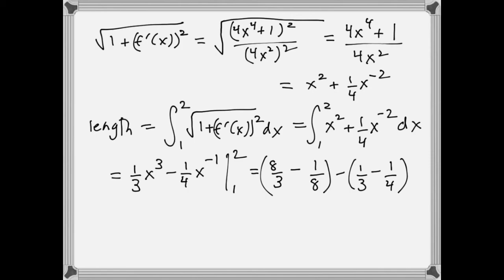So we have 8 thirds minus 1/8 minus 1/3 plus 1/4, and we get 59 over 24. Okay, and so this is the exact length of that curve from 1 to 2.